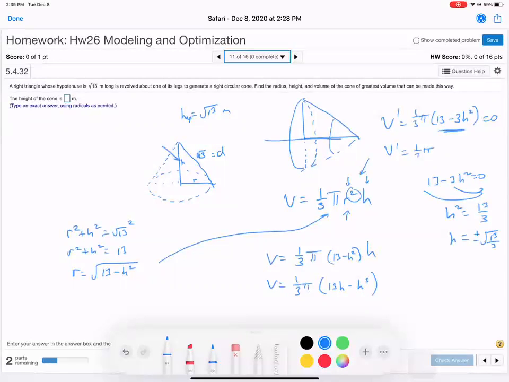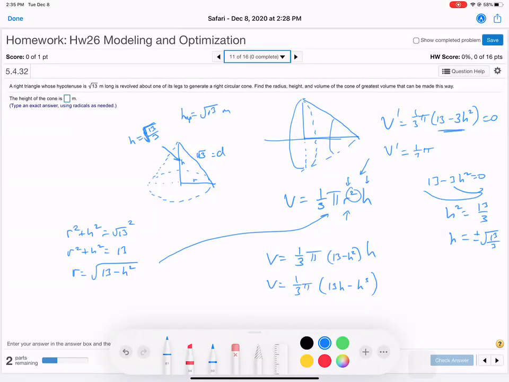Now, that's my h value here. H is equal to the square root of 13 over the square root of 3. And I know that is my height.